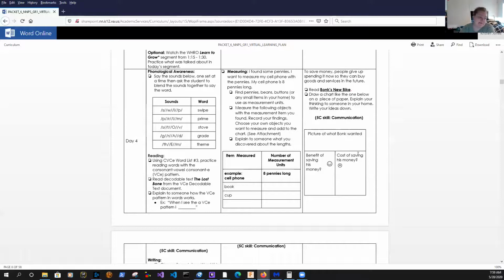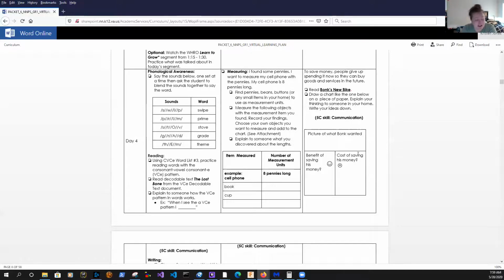Cost of saving his money is like the things that might be difficult or challenges about saving his money. So one of the costs of saving his money might be he can't buy things that he wants right now because he's saving up for the bike later on. So he has to give up buying things right now to save up for that bike in the future.